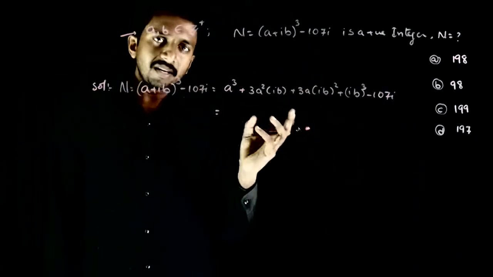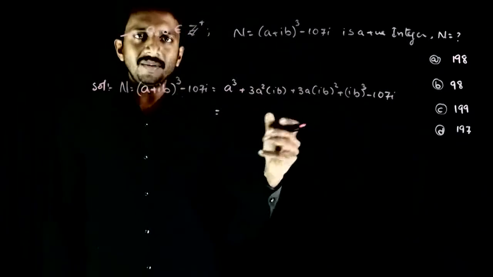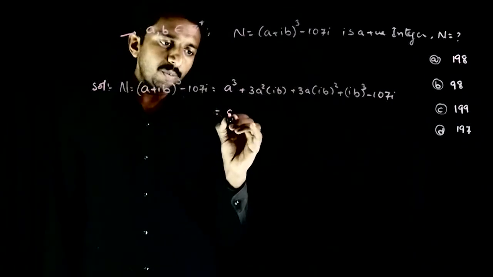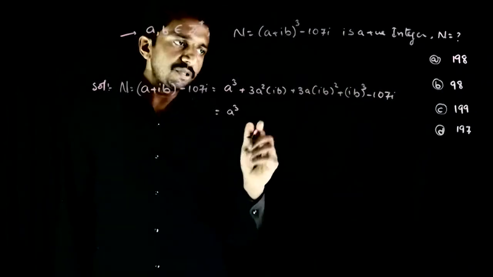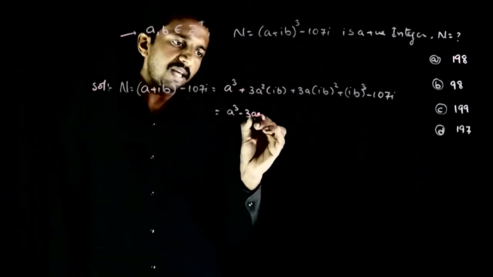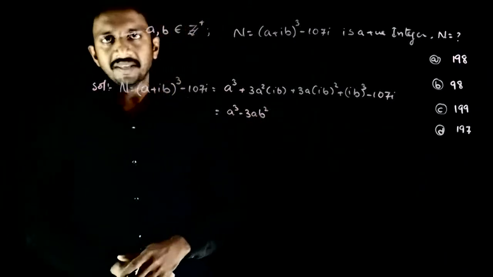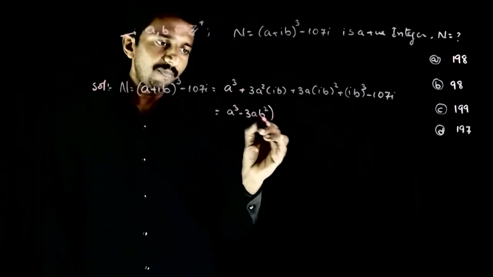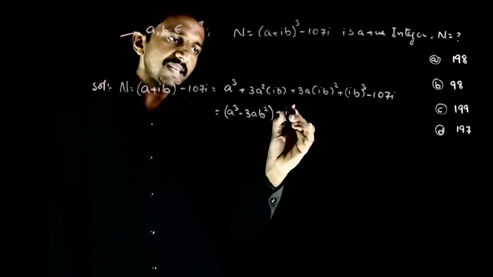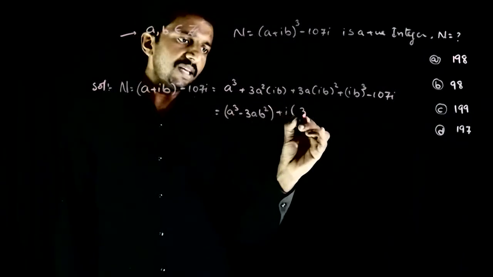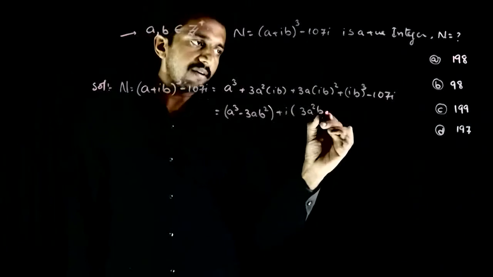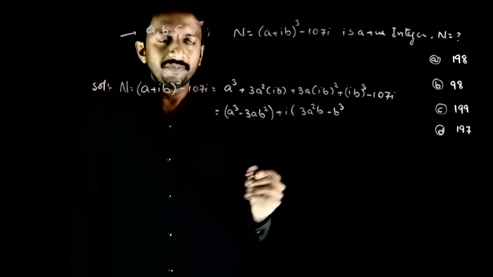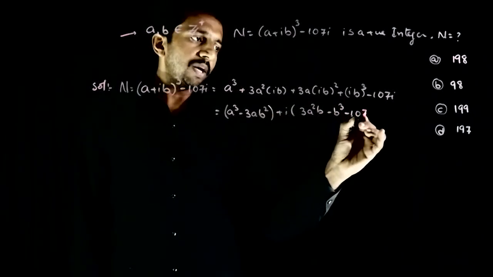Let us separate the real and imaginary parts. a cube is real, then i square is minus 1, so minus 3ab square, this is the real part, plus i times 3a square b minus b cube minus 107.